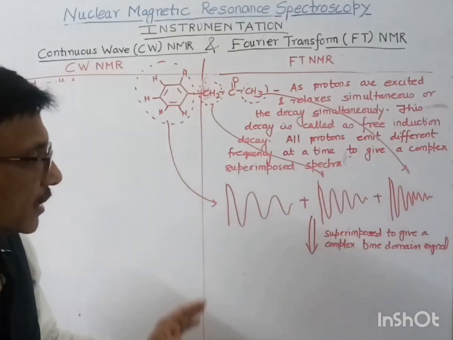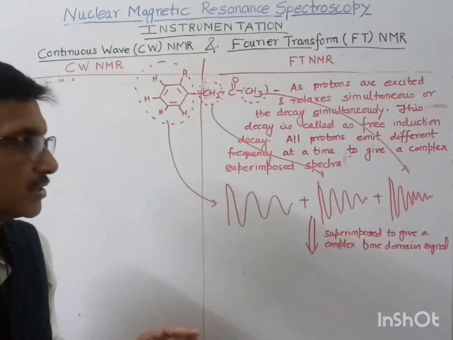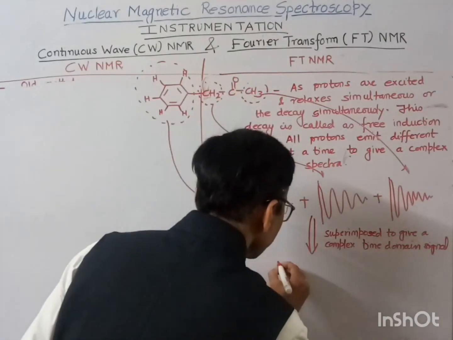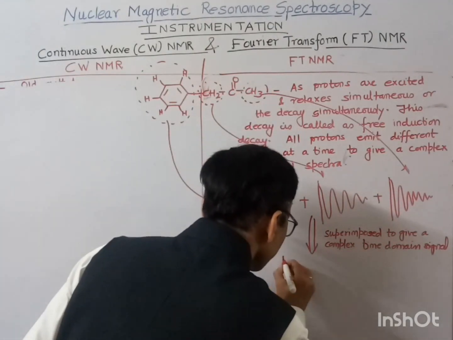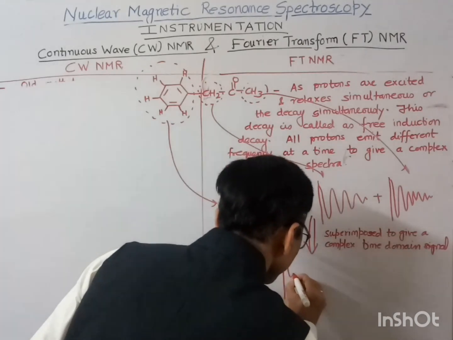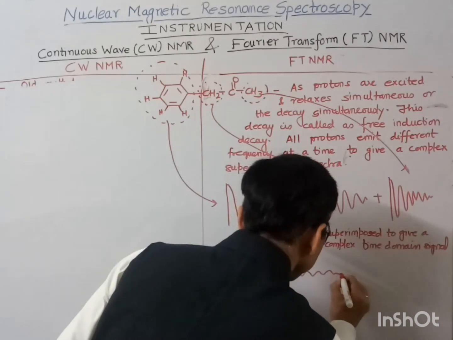So a complex superimposed signal is obtained. We will get a signal something like this, and we can represent it in this way.